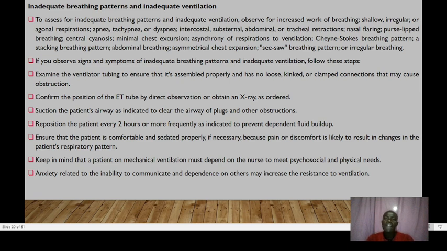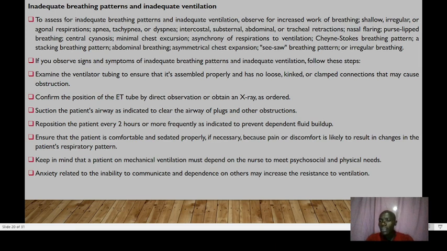We could also have minimal chest excursion and asynchrony of respiration to ventilation. The patient could present with Cheyne-Stokes breathing patterns, a stacking breathing pattern, abdominal breathing, asymmetrical chest expansion, a seesaw breathing pattern, or even irregular breathing.